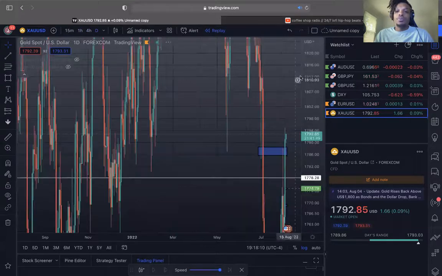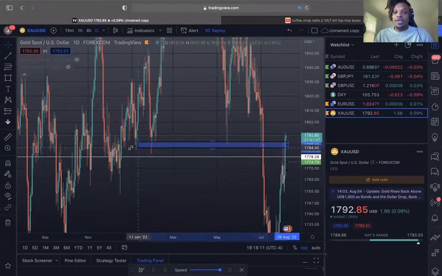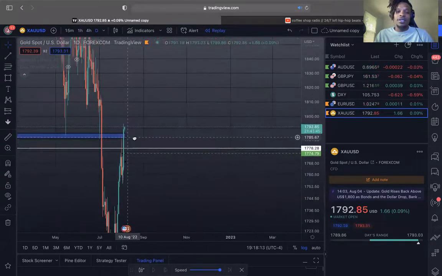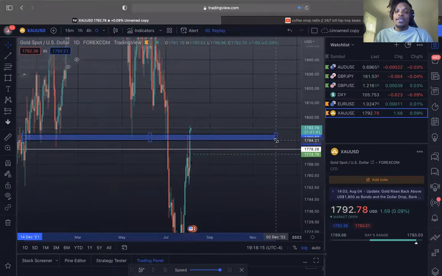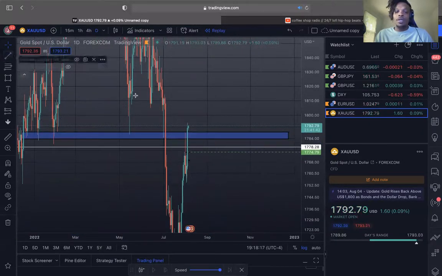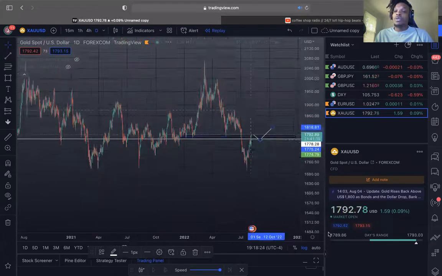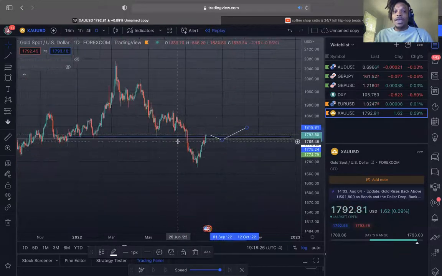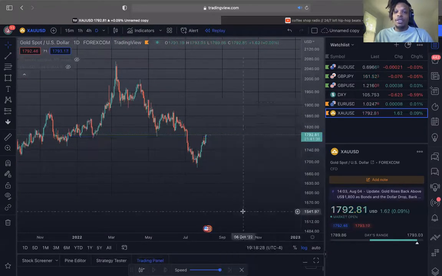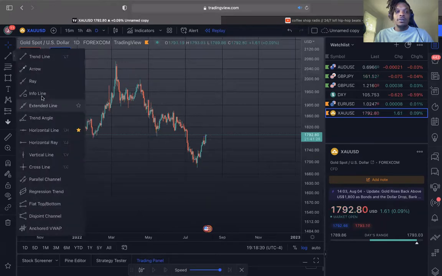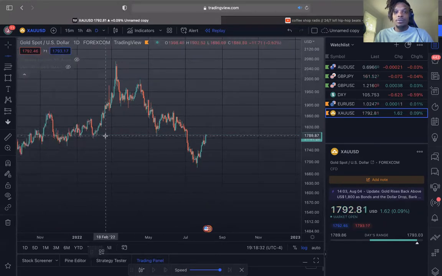Right now we have gold breaking into these highs though, so that's telling me it's buys. Gold could come back down right here, retest this area, and then head back up if it's really buys.